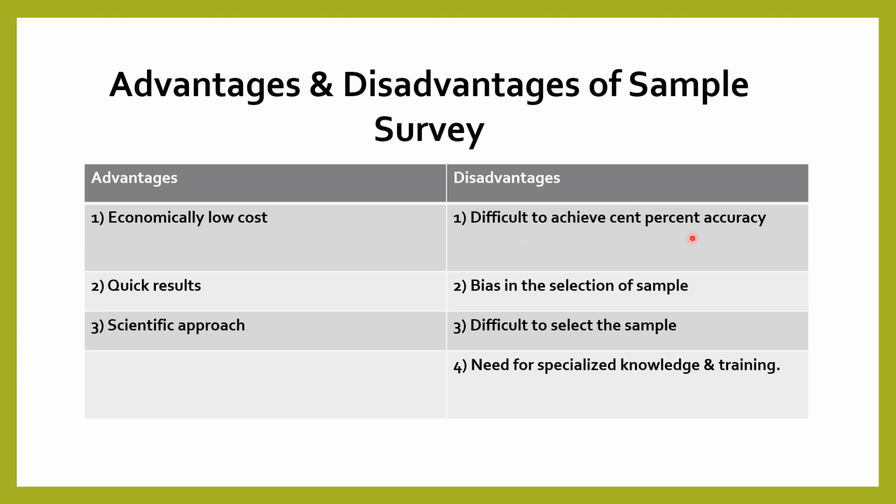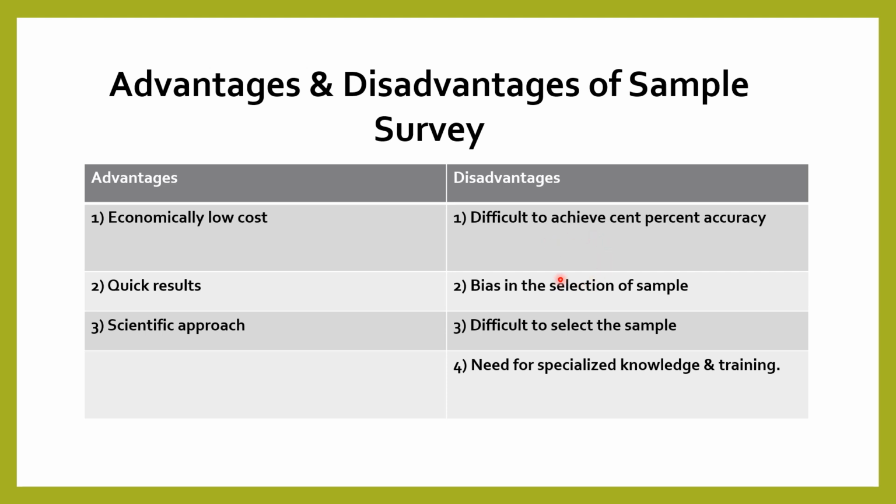We are taking only a few results. We are including only a few items from the whole population and we are taking those results and giving the statements about the population. So it cannot be accurate. Whereas when you compare with the census method, we take the whole population data, we do the whole population analysis, and according to that we make inferences about the population.